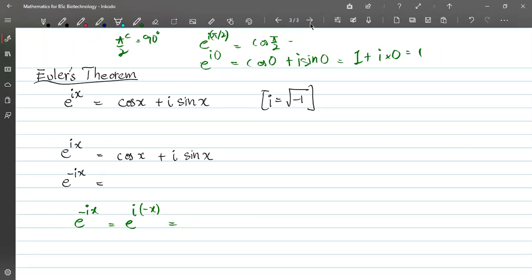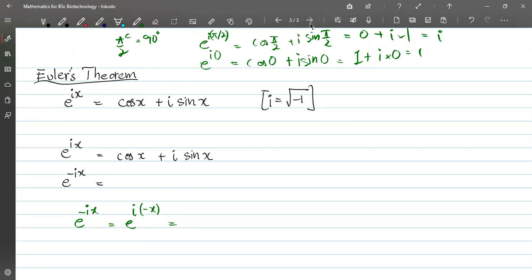Cos pi by 2 is 0. Sin pi by 2 is 1. So it is 0 plus 1 i, which is i. And so on. You can evaluate this at any value of x, and you will get the corresponding value here.